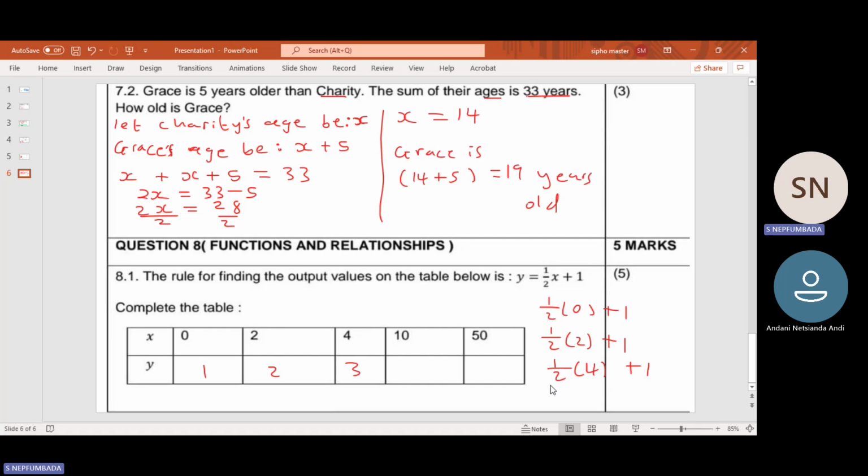Is that so? Are you pressing your calculator? Yes, I'm pressing the calculator. Are you getting the same solution that I'm writing? Yes. Yeah, this is what we have. Is there any question?